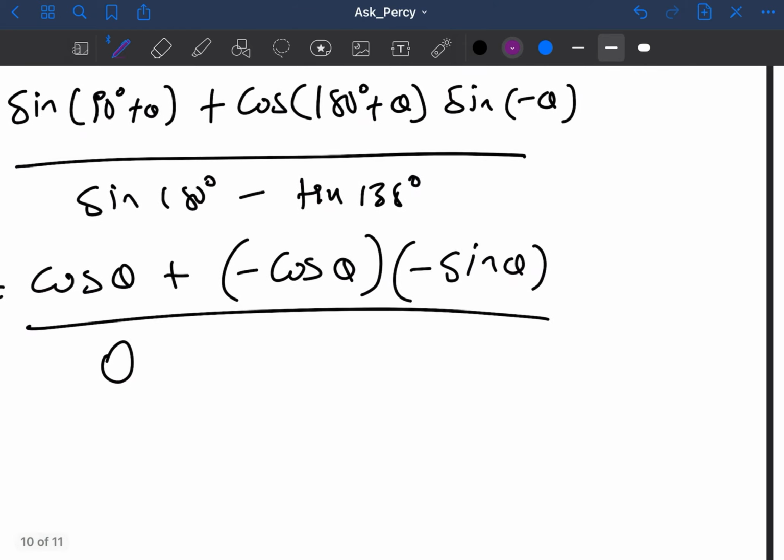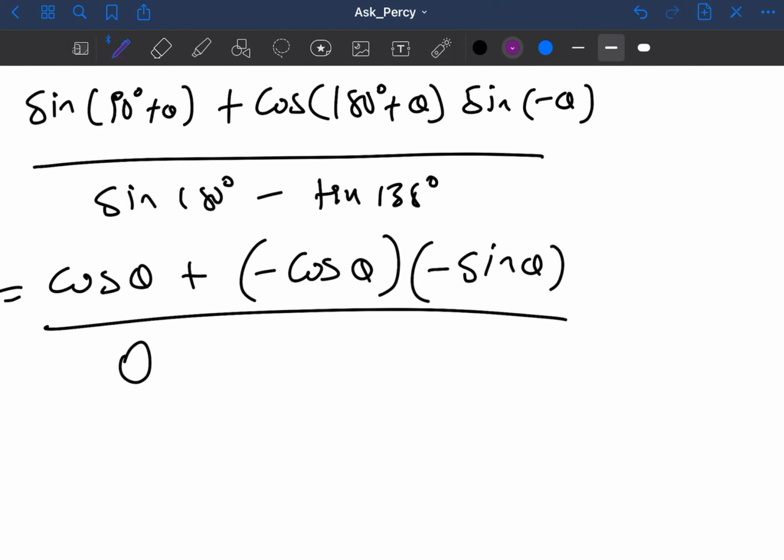Okay, so sine of 180 is 0, and for tan 135, again we reduce this into an angle between 0 and 90 degrees. Then you ask yourself, where is 135 on your CAST diagram?